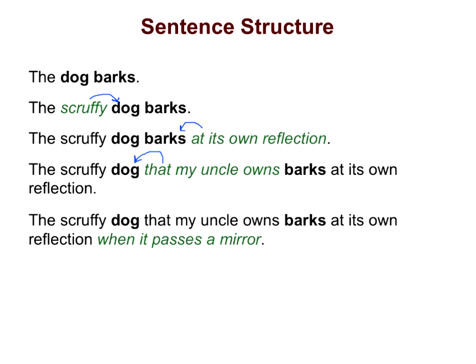What about this one? All right, good. So this one is telling us when it barks. It barks. When does it bark? Oh, when it passes a mirror. All right, good. Getting more complicated.